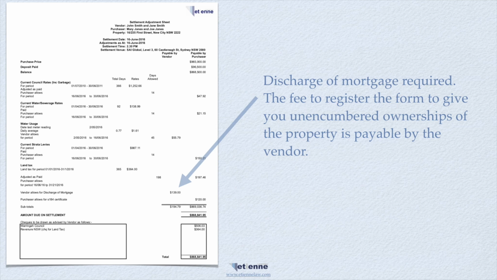In the example, the amount that the vendor allows, that is pays you, is $139. The vendor must pay this in full. This amount is deducted from the balance of the purchase price you are required to pay. And you can see this from the settlement adjustment sheet that is appearing on the screen.